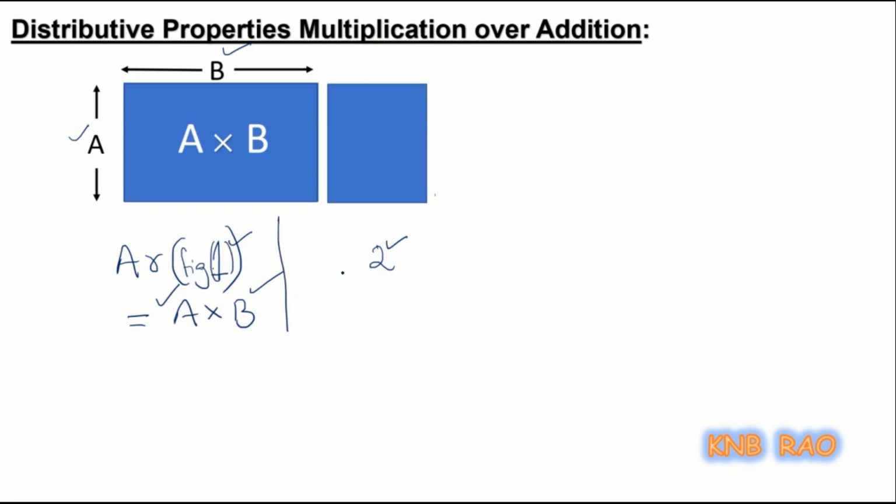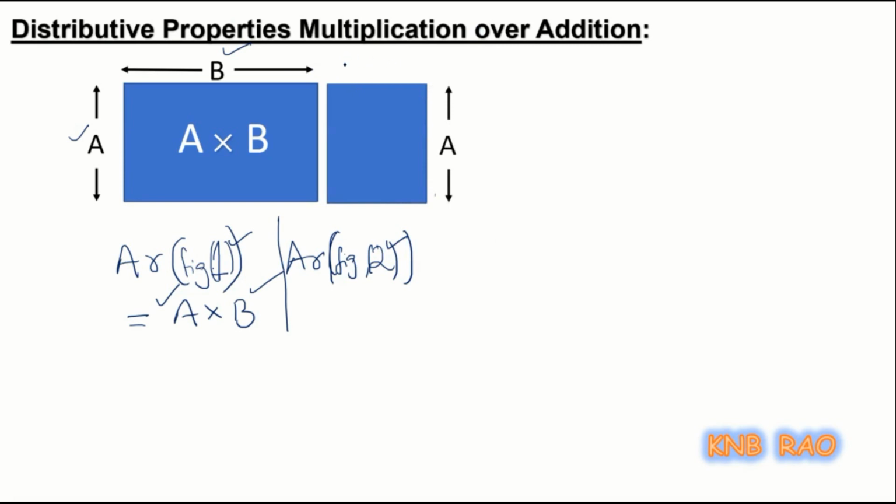Now what would be the area of the second figure? Let us find. If I want to find the area of the second rectangle, I must know its dimensions. One of the dimensions is very evidently A, but what is the other dimension?